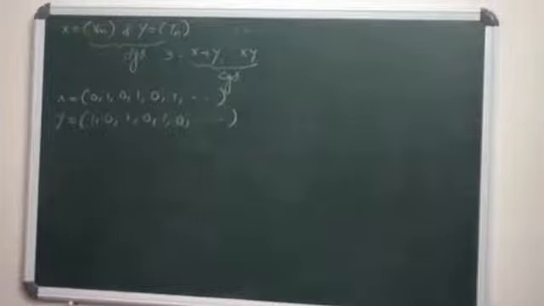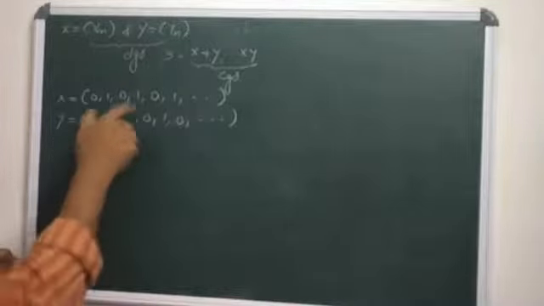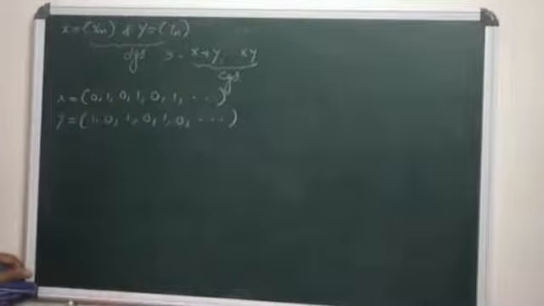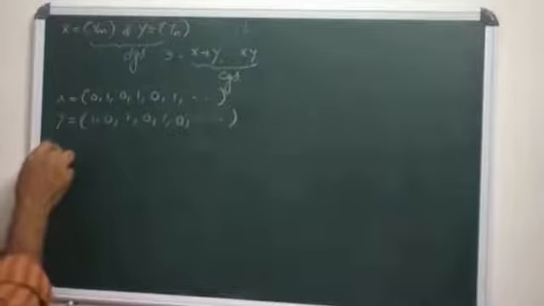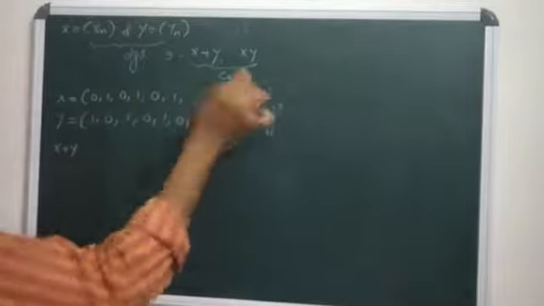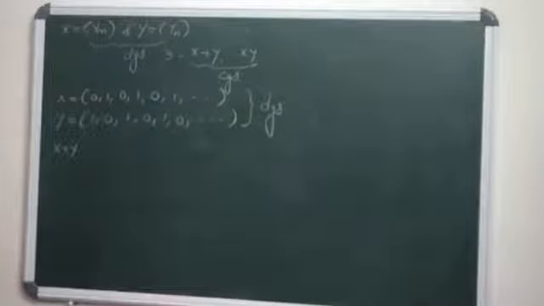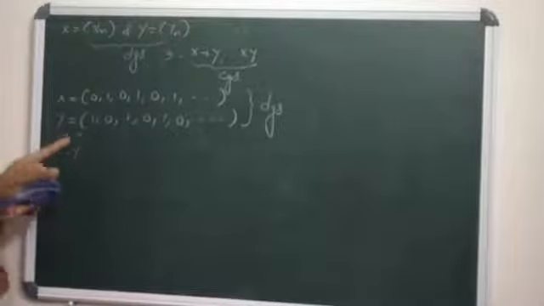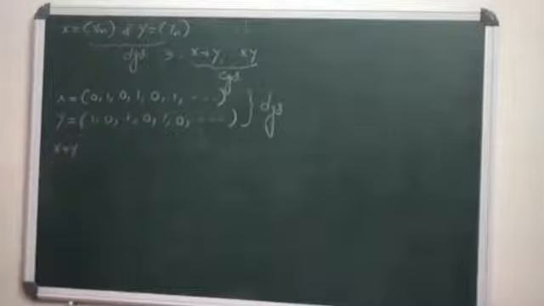Clear? That is, the difference between two consecutive terms is always 1. Both are divergent, because they have two limits, so they do not converge.